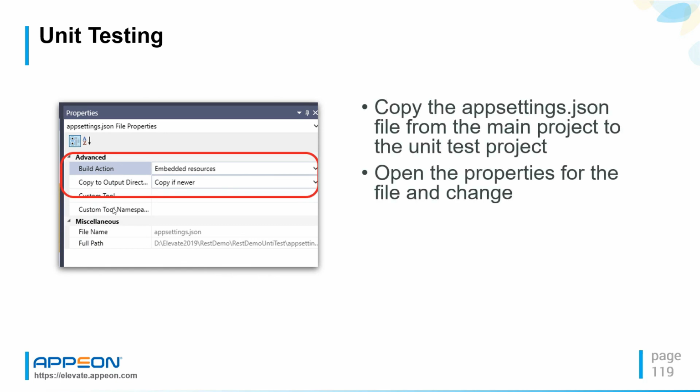And remember I talked about how you might want to set a property on the file to have it copied into the bin folder. This is what we're going to do in the test project. We're going to go to its properties and say Copy if newer, and that makes sure that when this unit testing app is compiled, that configuration file is copied over into the bin folder with the application.